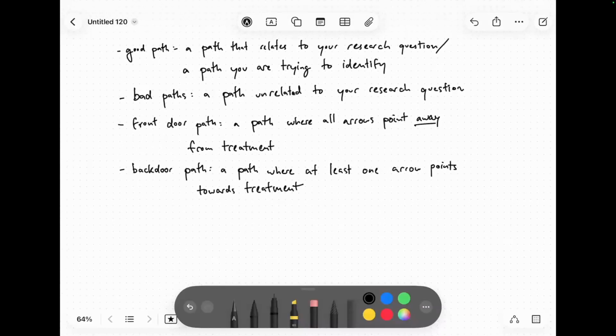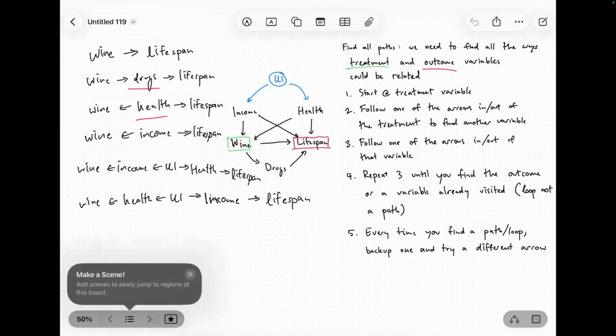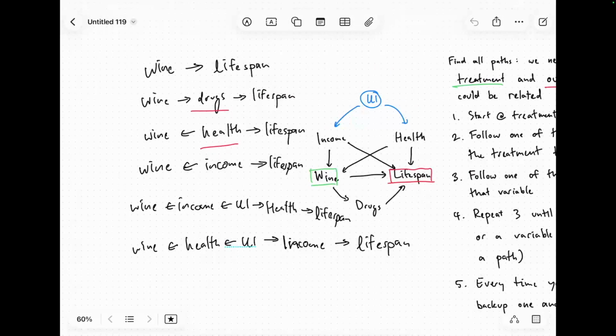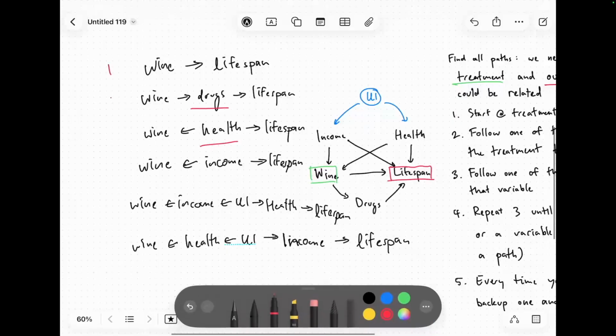Okay, if I were to go back to here, okay, 1, 2, 3, 4, 5, 6. One is front door.